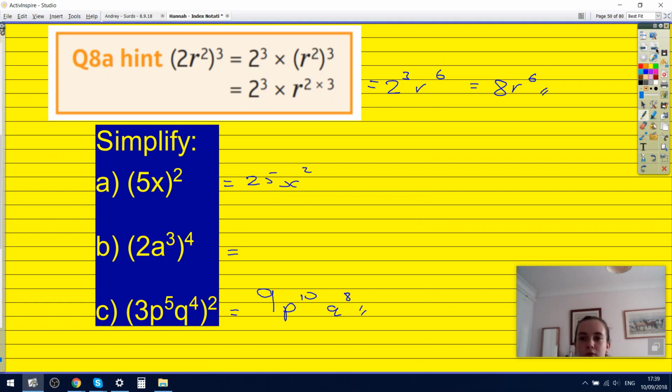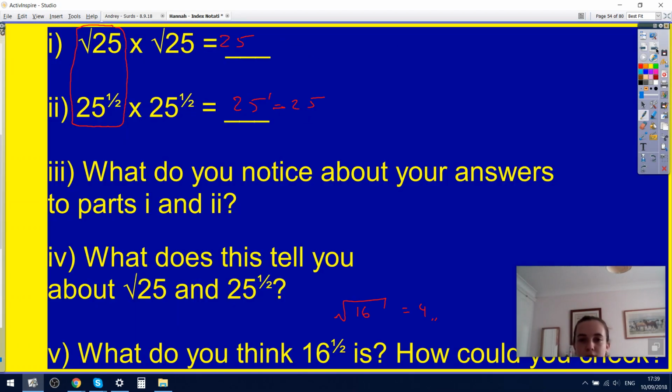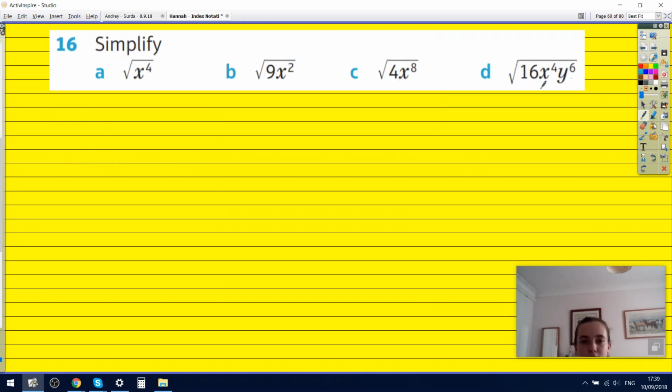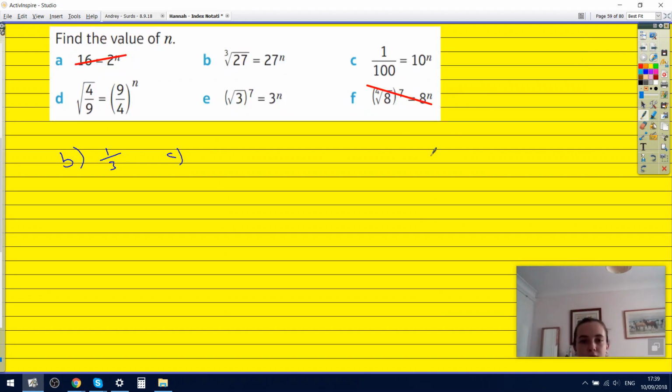So then using that, try C. So to the minus 2. Yeah, well done.